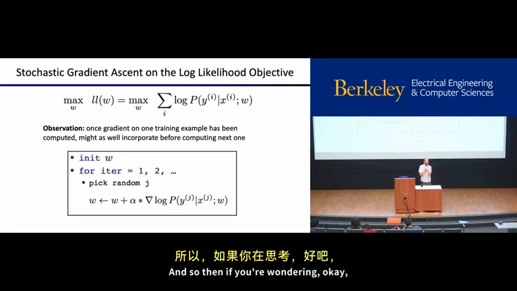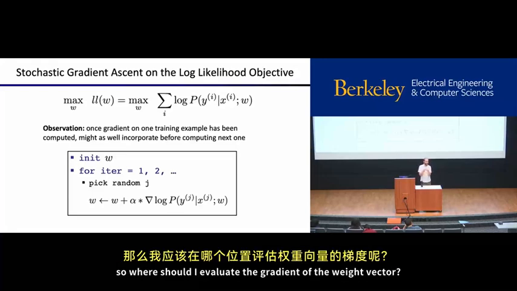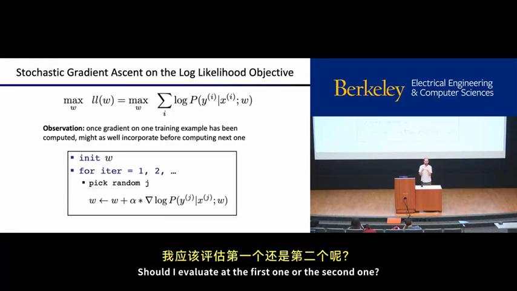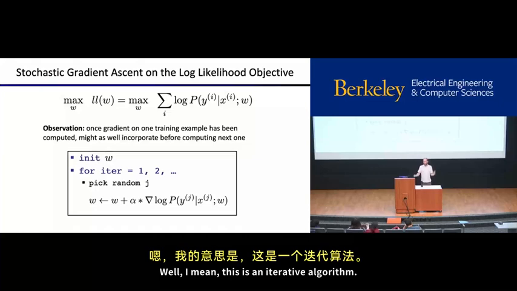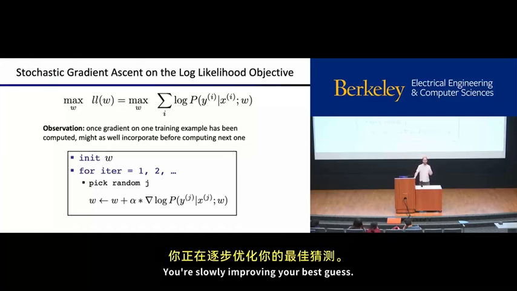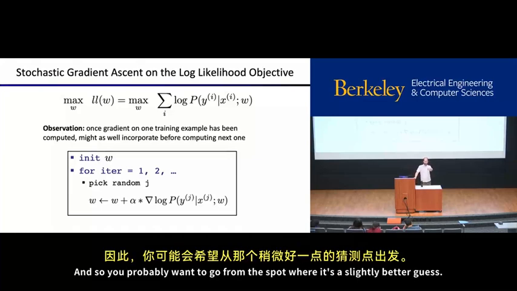And so then if you're wondering, okay, so where should I evaluate the gradient of the weight vector? Should I evaluate it the first one or the second one? Well, this is an iterative algorithm. You're slowly improving your best guess, and so you'll probably want to go from the spot where you know it's a slightly better guess.